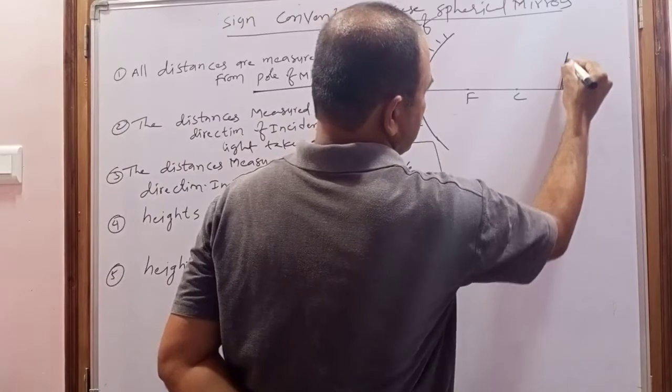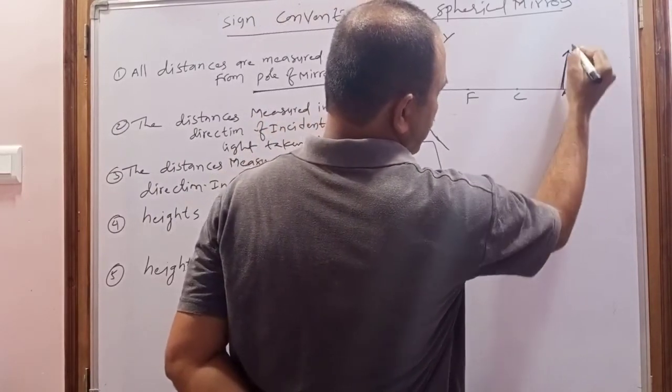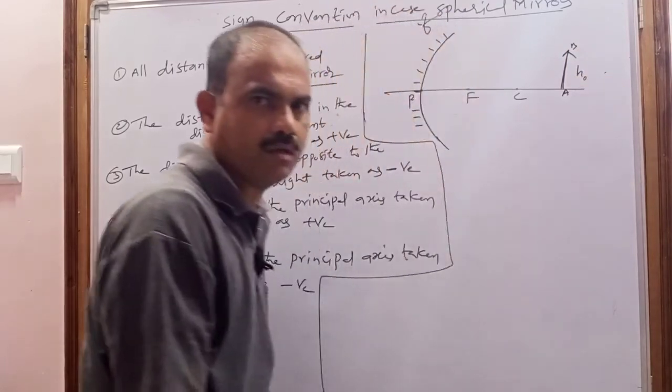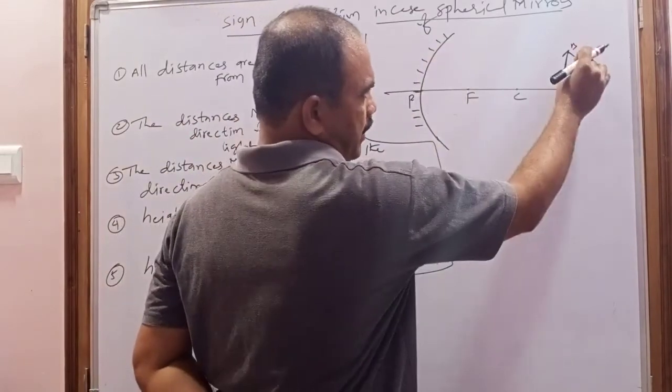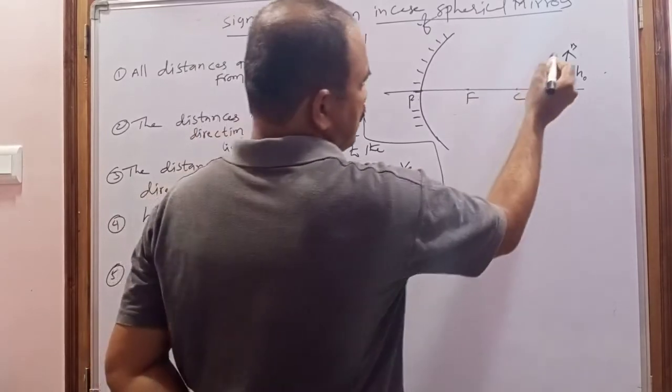This is the object AB, and its height is generally represented with the letter H0. Now this concave mirror can form the image of this object, which we can find by drawing ray diagrams.